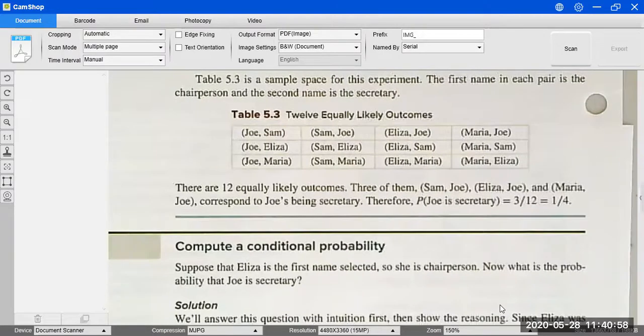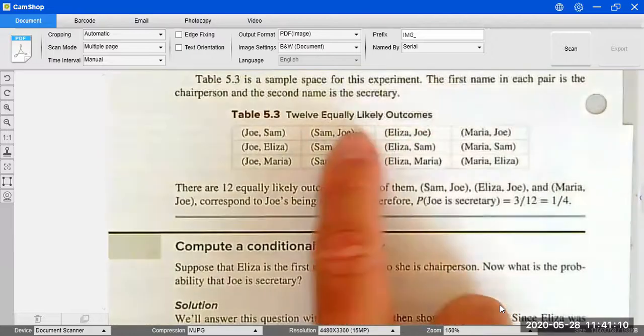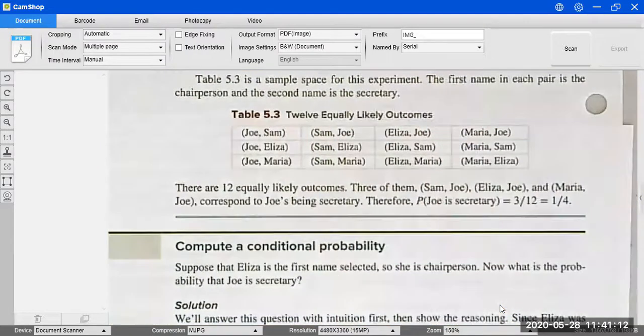In the previous one, we didn't care who the chairperson would be. We only cared about Joe being the secretary. So there were 3 cases where Joe was the secretary. But now we care about the chairperson. We say that Elisa is the first name selected.